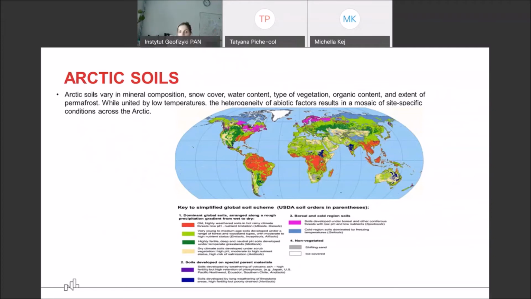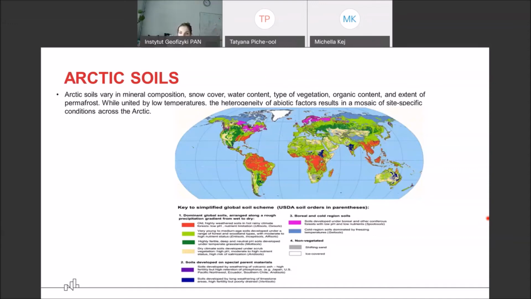So about Arctic soils. We speak about Arctic soil, but there are many different types. They vary in their composition, so the percentage of silt, clay and sand. Some have permanent snow cover, some do not. They also have different water content, and the type and the intensity of vegetation, the content of organic matter, and so on and so on.